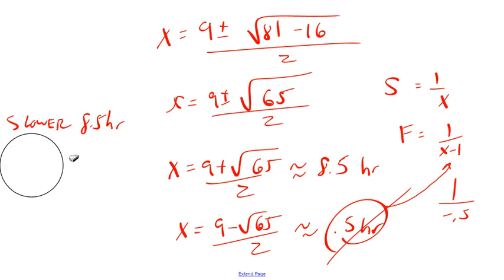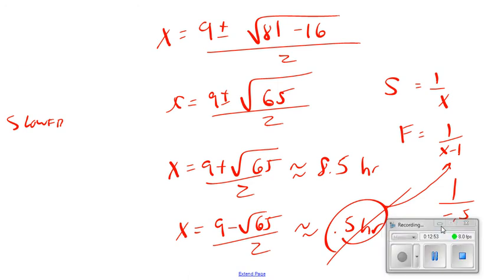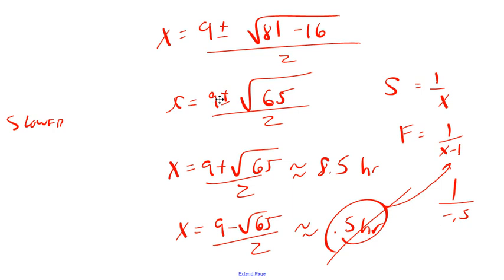Okay, so the slower guy does it in 8.5 hours. And the faster guy does it in 1 hour less, so that's going to be 7.5 hours. Again, this is by themselves, right? But then they could do it together. And when they do it together, they do it for a total of 4 hours.